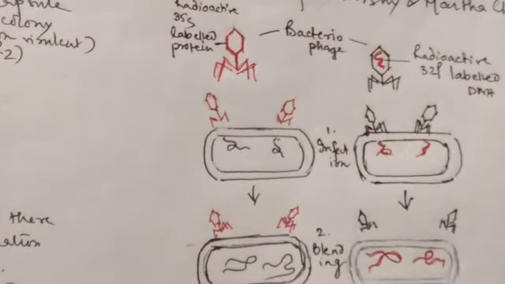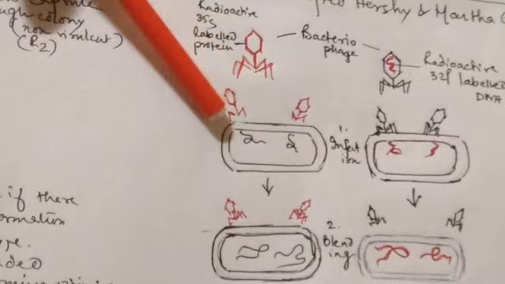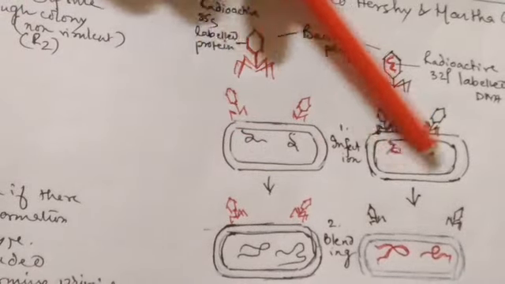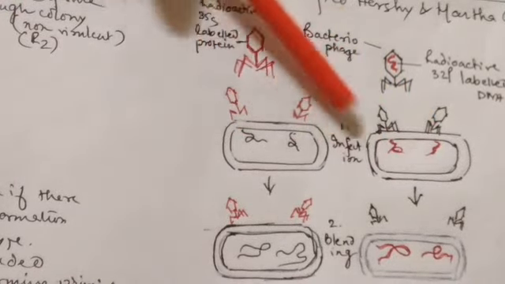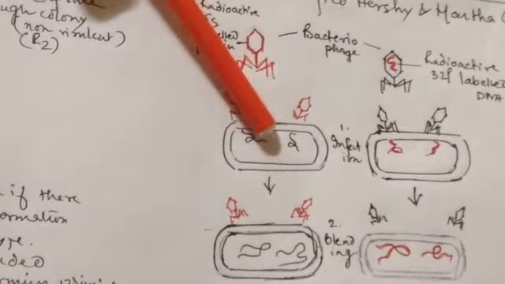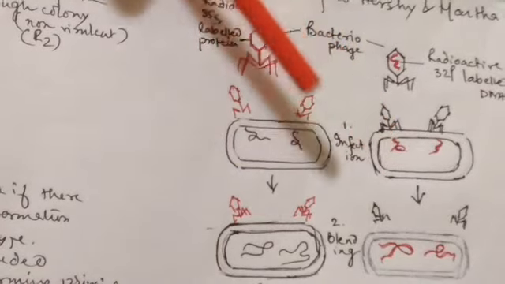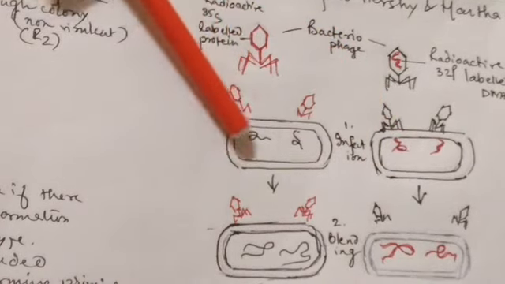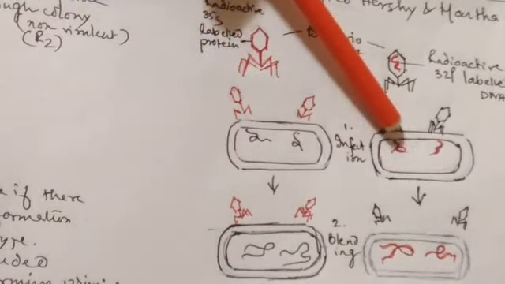First of all, they attach and adhere on the surface of the bacterial cell. Next, they inject the DNA, the nucleic material, inside the cell.